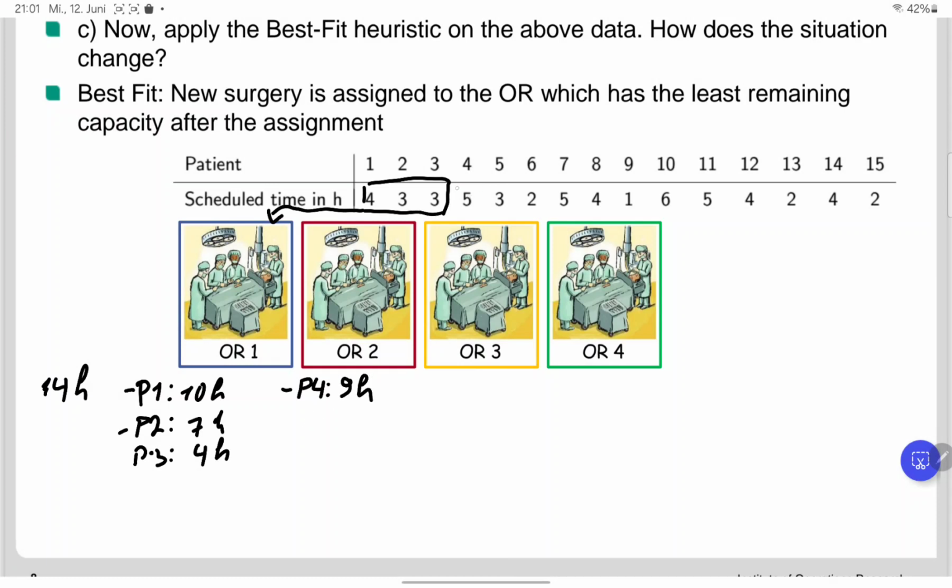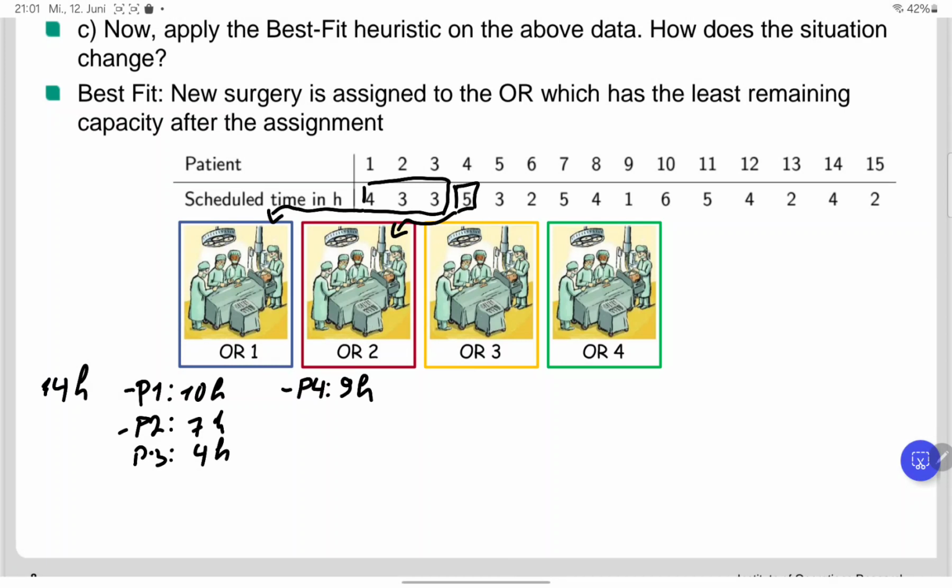Okay, so the fifth one could be assigned to the second operating room. And then the fifth one requires 3 hours. And we said that we would like to assign it to the operating room which has the least remaining capacity at the end of the assignment. So if we would place the 3 hours in the second operating room, we would end up with 6 hours left.